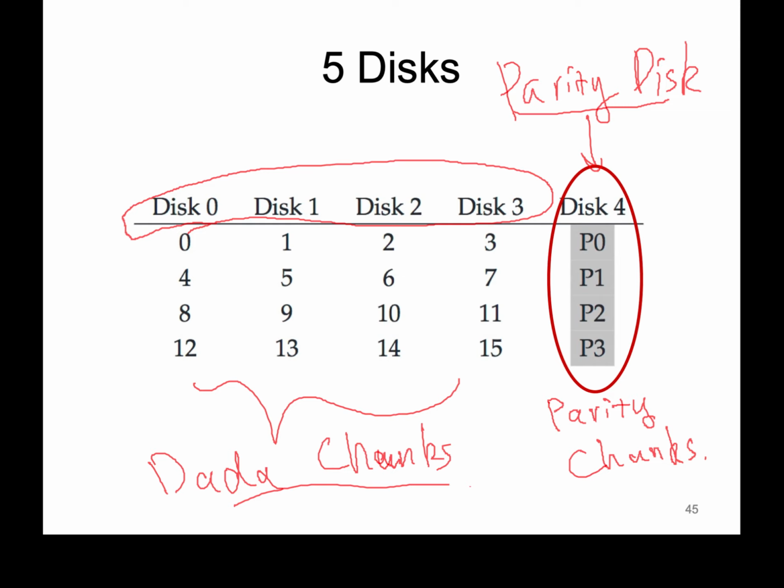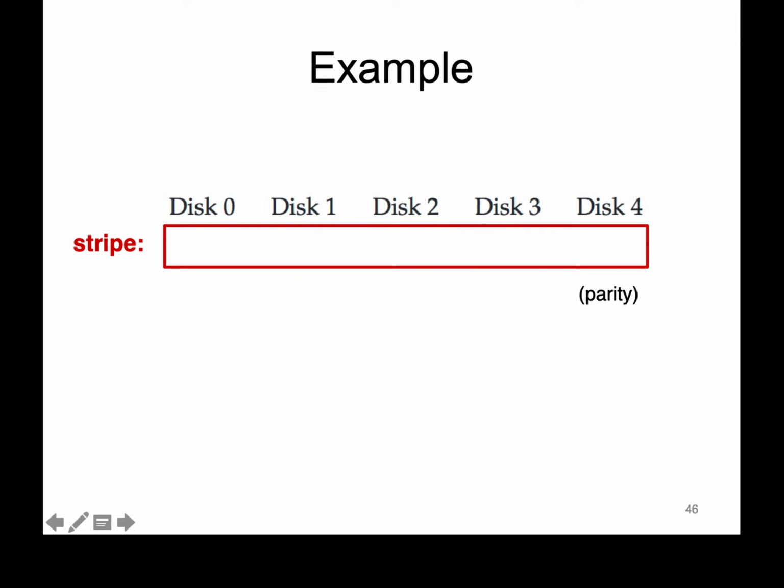And here, let's say here's a stripe, and these are the data chunks 4, 3, 0, and 2. Disk 0 stores logical chunk 4.